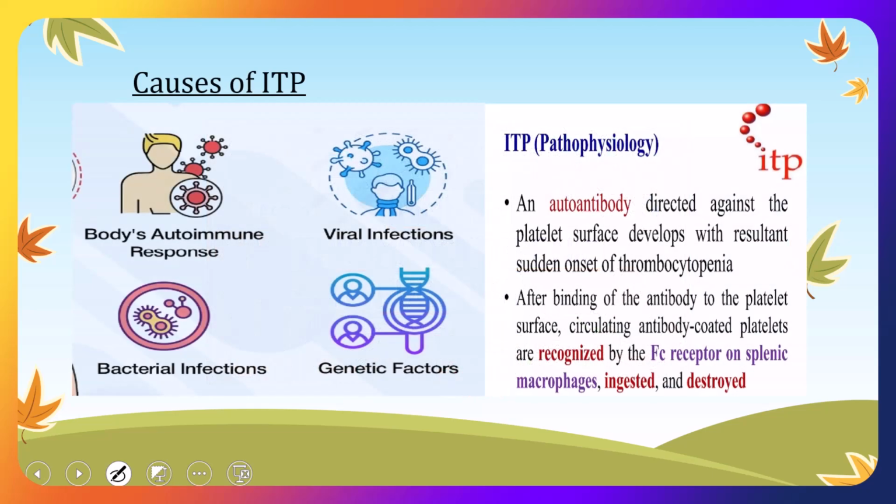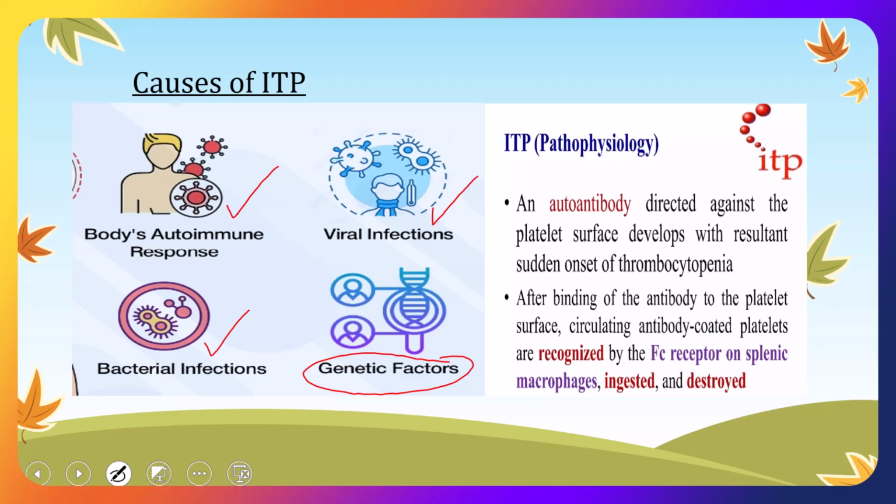Now, what are the causes of ITP? There are multiple causes, and the most important is the body's autoimmune response against its own platelets. It can occur after some sort of viral infection, especially in children. It can occur after a bacterial infection, and some genetic factors are also responsible for this condition.